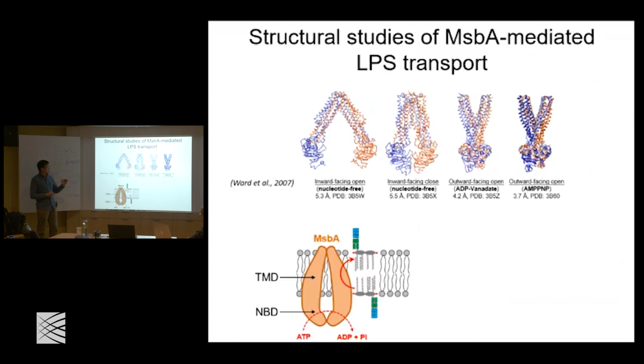Based on this set of protein structures, a model has been proposed that before nucleotide binding, it adopts the inward-facing conformation to capture the substrate. After the binding of nucleotide, it converts to open to the other side of the membrane and release the substrate. This model is called the alternating access model.